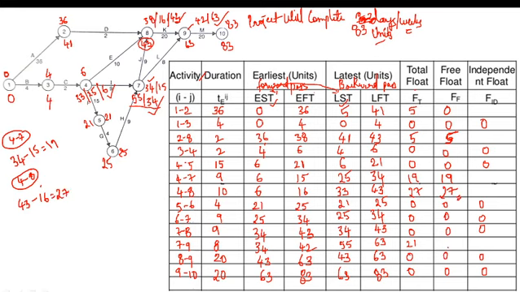Now one more thing is remaining, activity 7 to 9. If you look at activity 7 to 9, the successor activity is 9 to 10. The EST of 9 to 10 is 63 minus EFT of 7 to 9, which is 42. 63 minus 42, how much is it? Just wait a second.